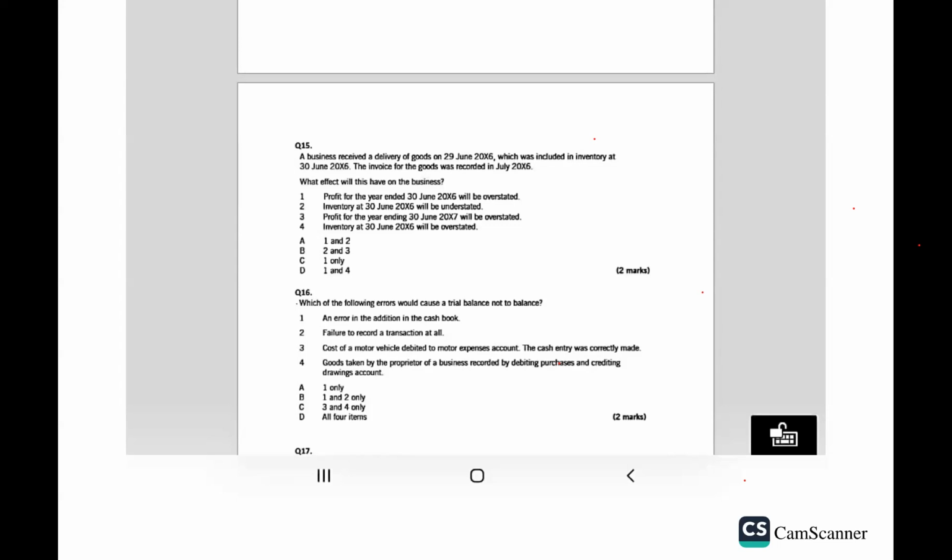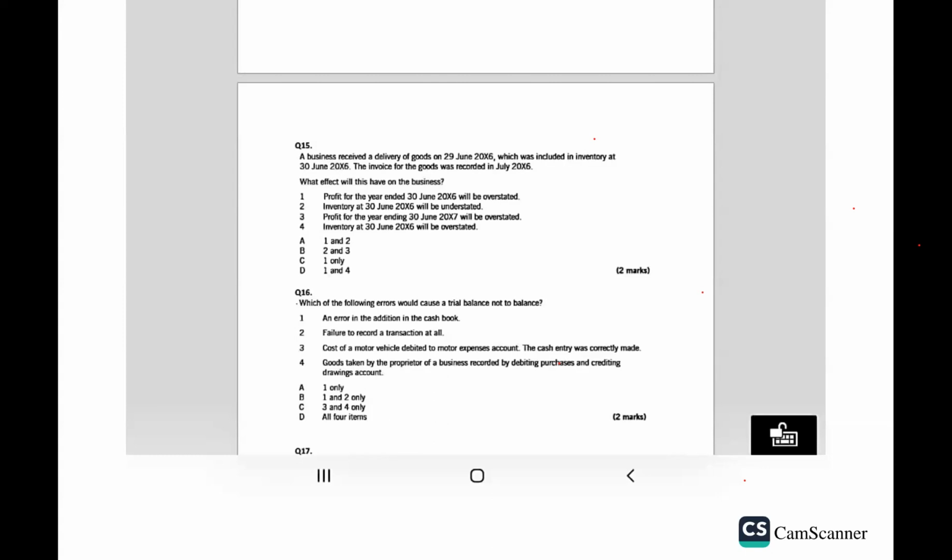Let me quickly submit. There are some other types of errors that have been defined here. These are definitions of some errors, and these errors defined here do not affect the trial balance.